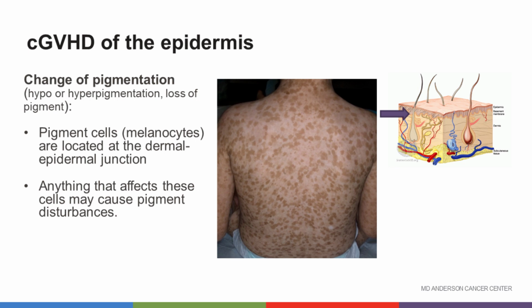That color change can be hypopigmented, which means less pigment. It can be hyperpigmented, that means more pigment, or you can entirely lose the pigment. So if you get chronic graft-versus-host disease of that area of the skin, we often see those pigment changes.